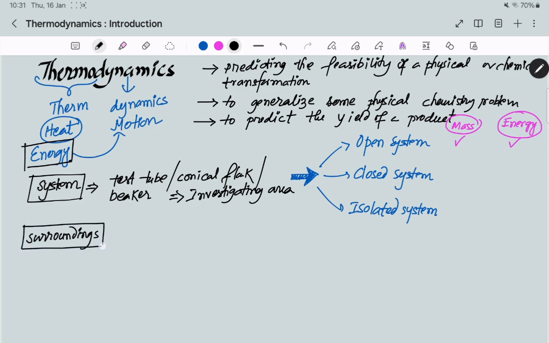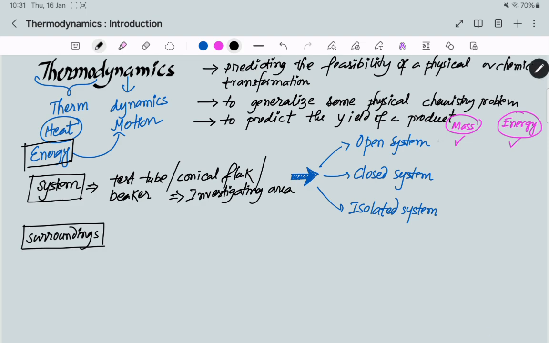What is the surroundings? Except our system, the remaining part of the entire universe is our surroundings. So if mass and energy can be exchanged between the system and the surroundings, that type of system is known as an open system. Clear?